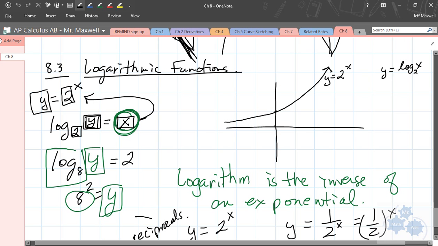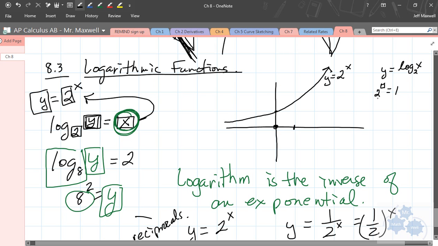So we've got 0 and 1. What about x equals 1? What is the y value when x equals 1? So that is 2 to the power of what gives us 1?